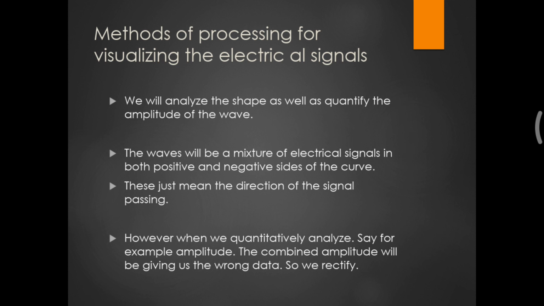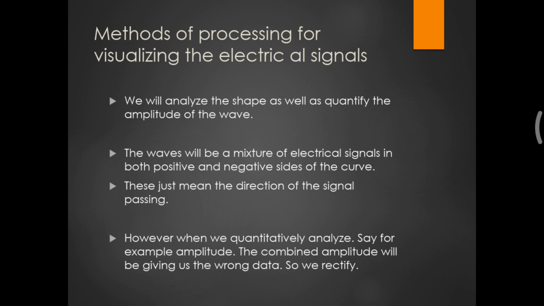What basically happens is, when the current flows in one direction, it will be captured. Normally when a current is flowing in the recording electrode, it will flow between an anode and a cathode. So depending on the position, it will pass in either direction. The current passing in one direction will be captured in the positive direction, and the other direction will be captured in the negative direction. This is the actual meaning of it.